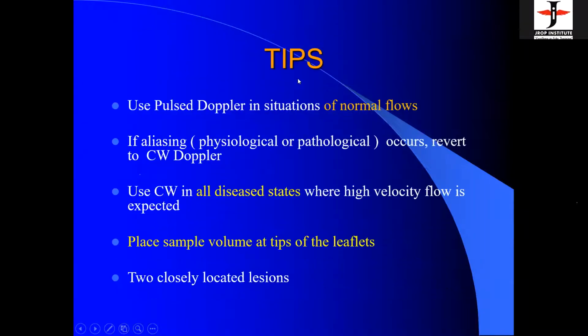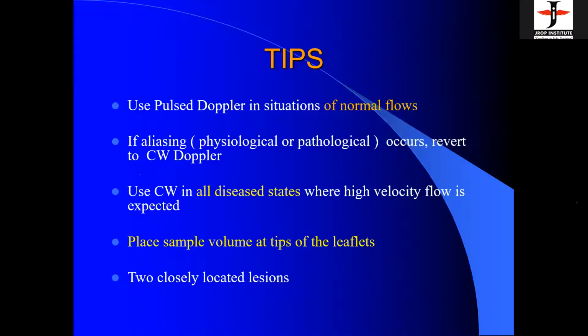So the tips for the Doppler are: use pulse Doppler in situations of normal flows. Whenever aliasing occurs, revert to CW Doppler. Use CW Doppler in all disease states where high velocity flow is expected. Then place the sample volume at the tips of the leaflets always.